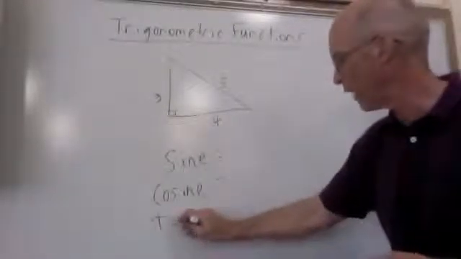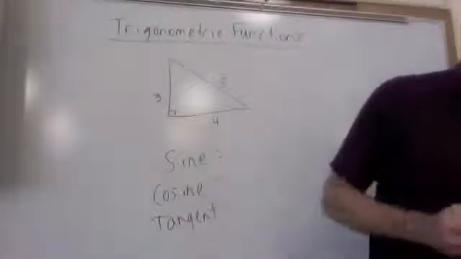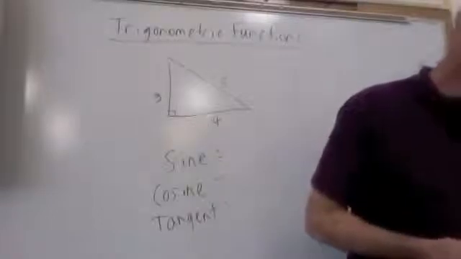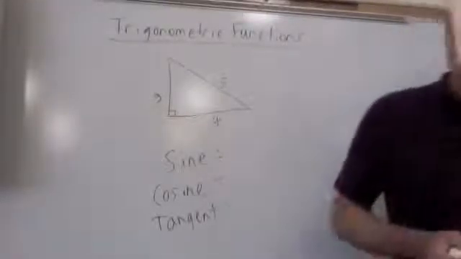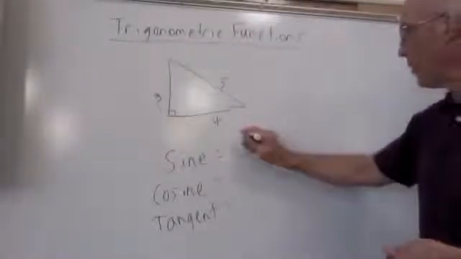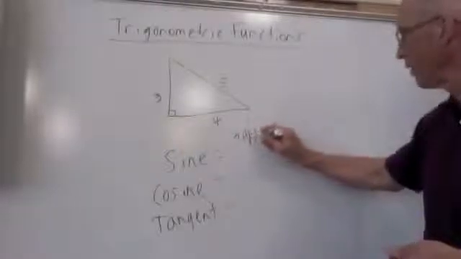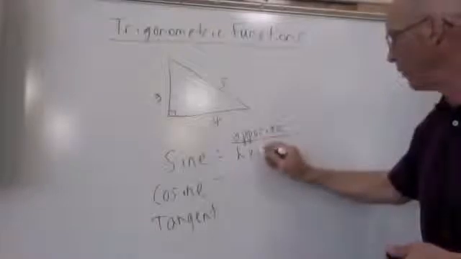And one is called tangent. And these are written for you on the very first page of 10-6, page 656. The sine is the first one they give you, and that is going to be the opposite over the hypotenuse.